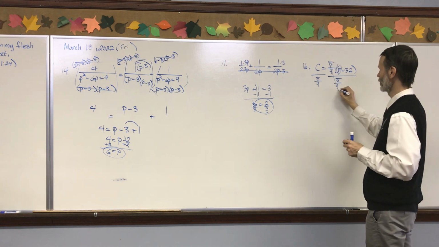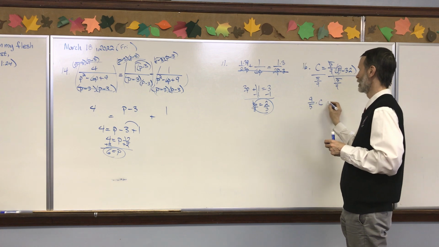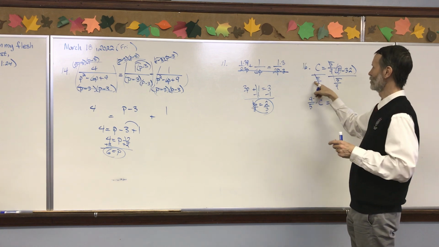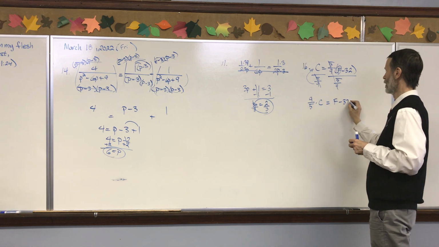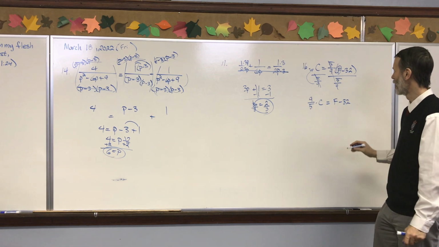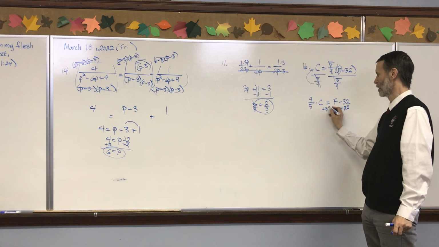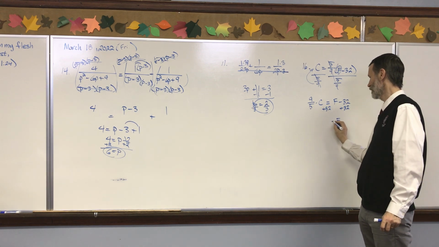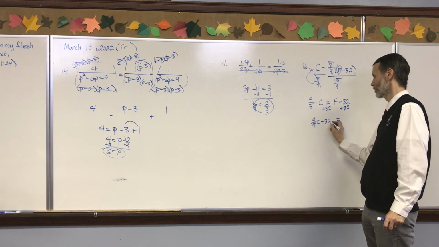Now these cancel, but it's going to be 9/5 times C. Does that make sense? Multiplying by the reciprocal. And then the leftover is going to be F minus 32. Brendan, one more step. Yep, you add 32. Correct. So your final answer should be F equals 9/5 C plus 32.